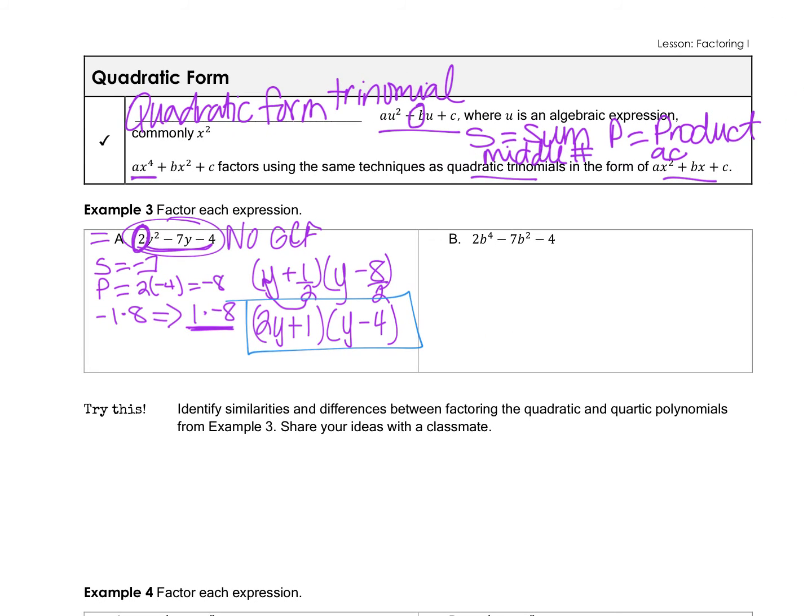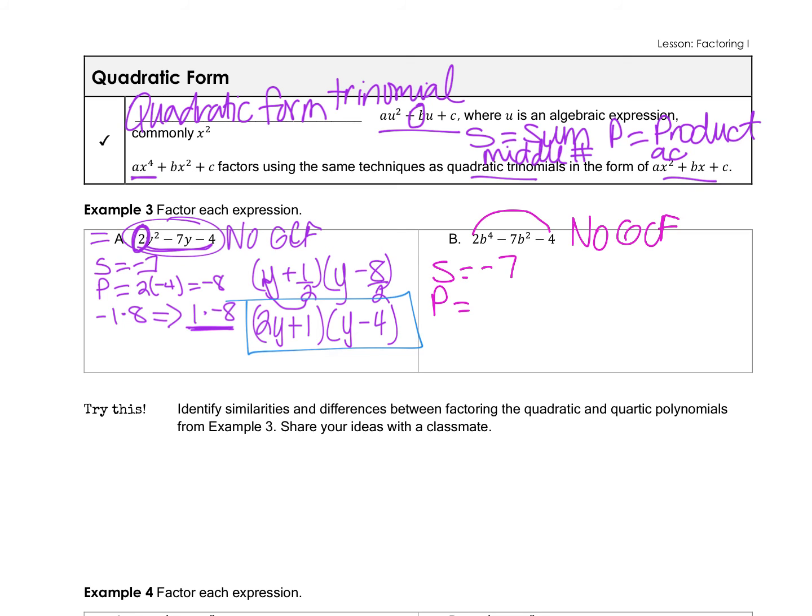Okay, so part B. Notice there's a 4, but we said it's the same as your trinomial with an x squared. So I'm still going to use sum and product. First off, notice there's no GCF. My sum is always the middle coefficient, so negative 7.